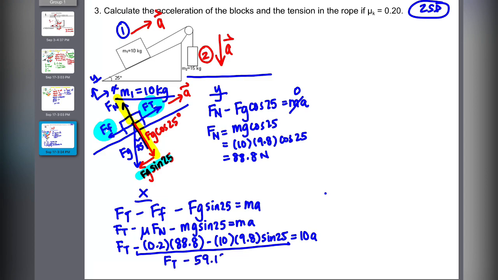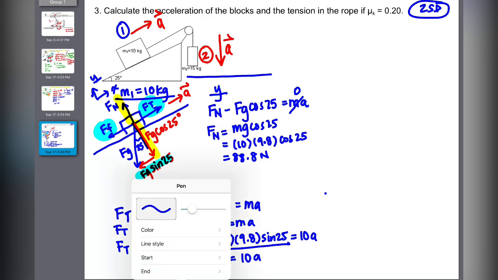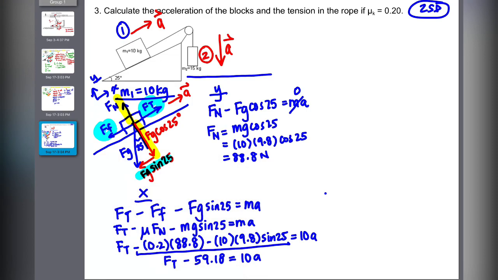So FT minus 59.18 equals 10A. This is what I got so far. That's one block, and that's all I'm going to be doing right now.